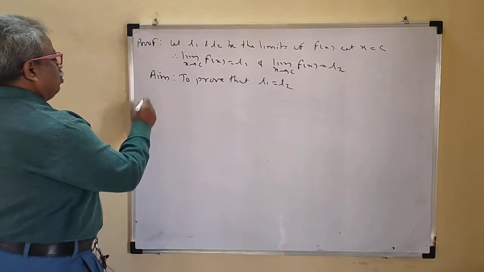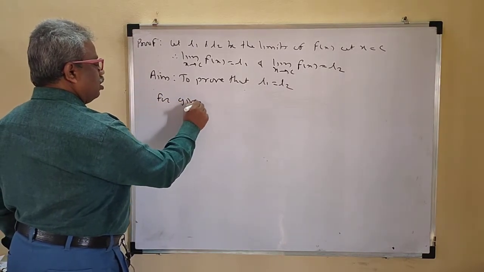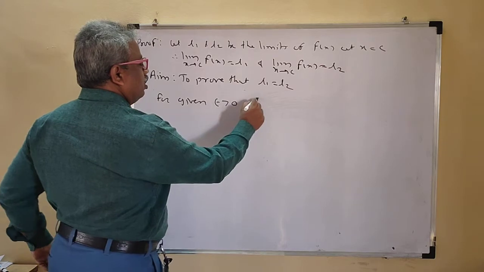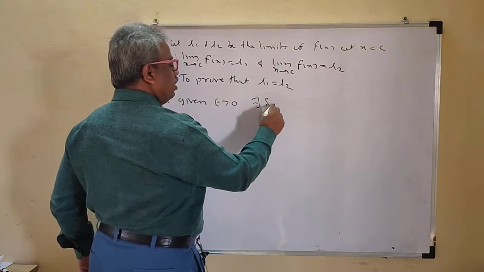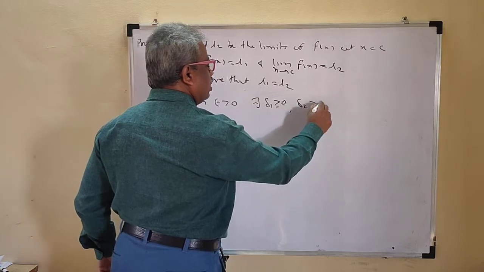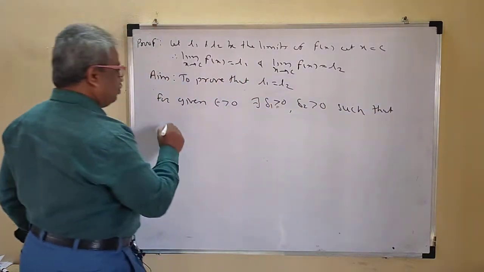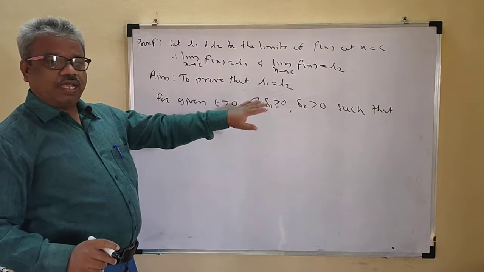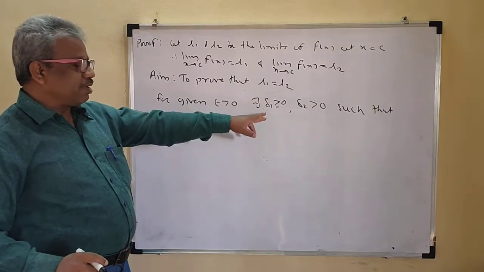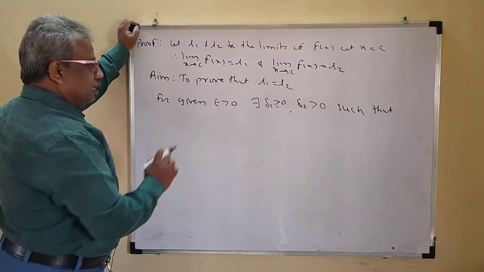So for a given epsilon greater than 0, there exist delta 1 greater than 0 and delta 2 greater than 0, because for L1 we take delta 1 and for L2 we take delta 2.